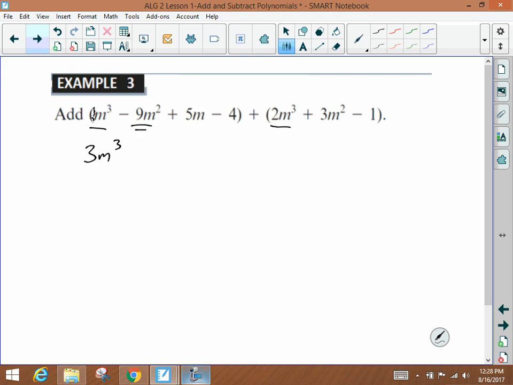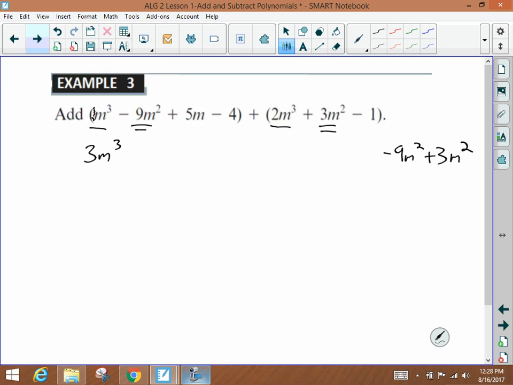I also have some like terms here. Negative 9m squared and 3m squared are like terms. I'm going to add those together. So just on the side, right? What I'm really doing is negative 9m squared plus 3m squared.